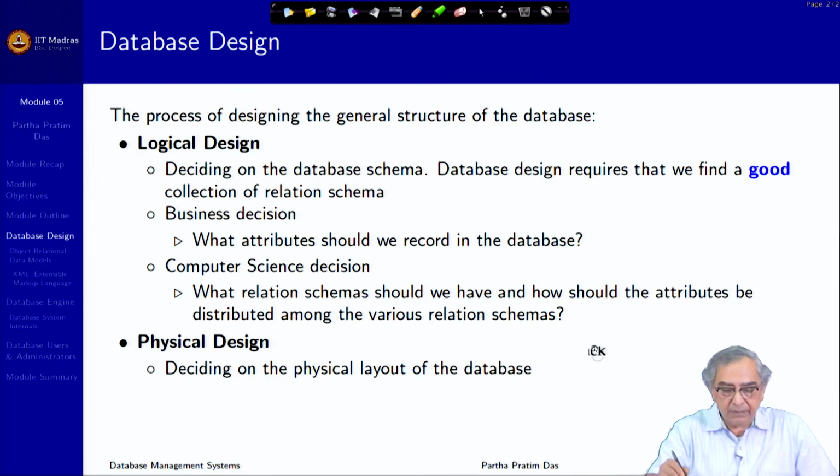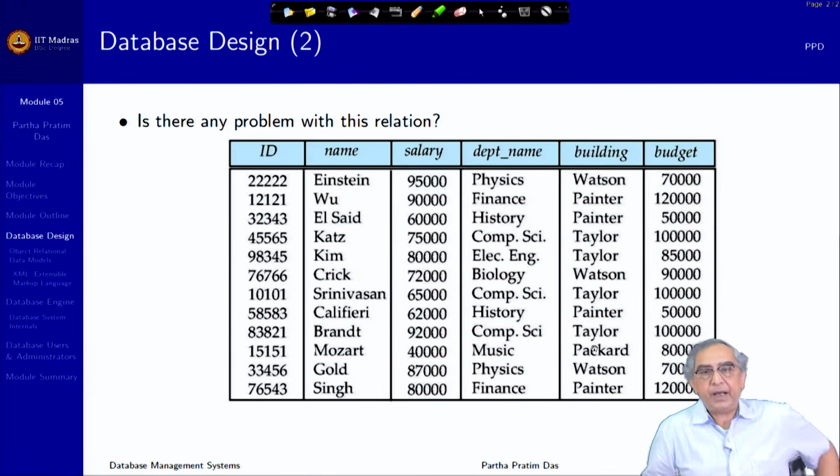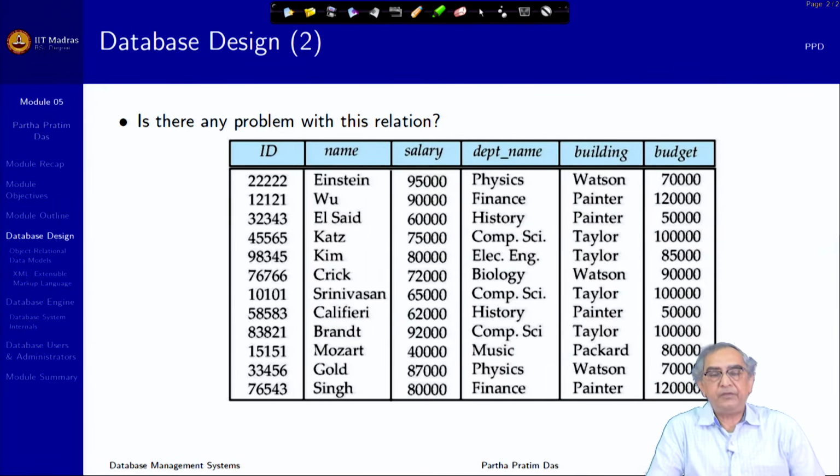So, given these basic aspects, let me get back to the question I had posed at the close of the previous module. I am not sure whether you had time to look into this. We presented a relation or a table to keep information about faculty, their affiliation to departments, their salary and the information about the department in terms of the buildings they are housed in and the budget.